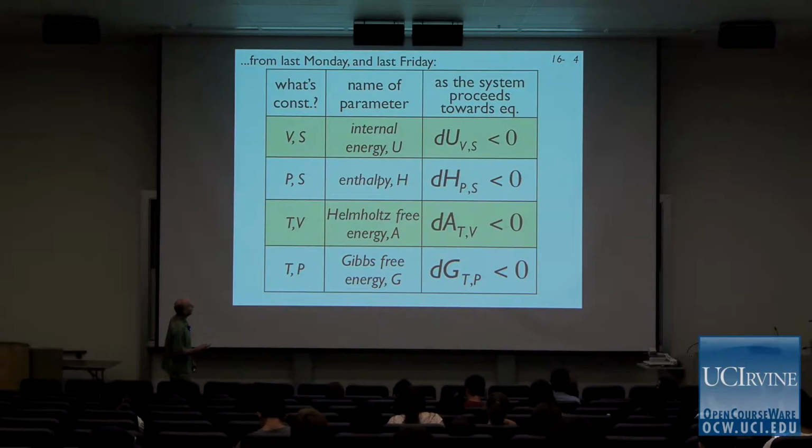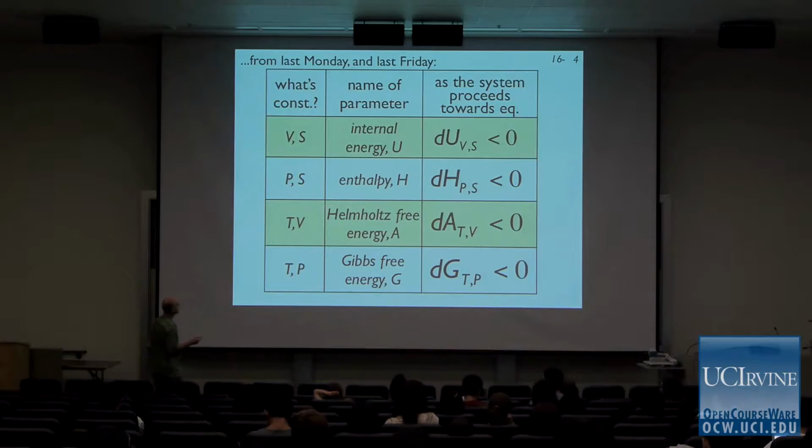So the first time I put this table up, I think, was last Friday. All right, we were trying to show that these state functions, the internal energy, the enthalpy, the Helmholtz energy, the Gibbs energy, can be used to tell us whether a chemical process is spontaneous or not when that chemical process is governed by these constraints: constant temperature and pressure, constant temperature and volume, constant pressure and entropy.